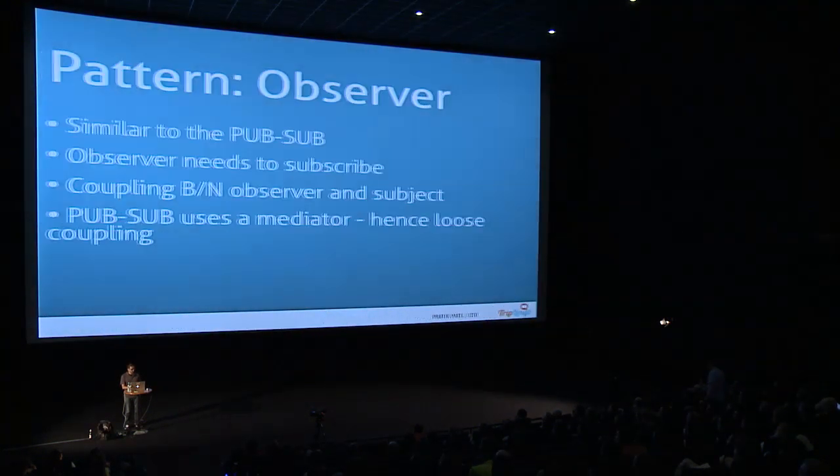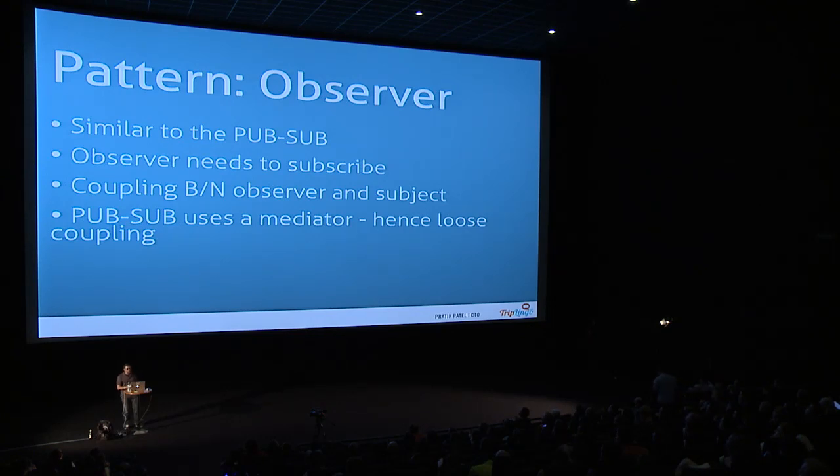All right. So I quickly want to mention the observer, because the observer pattern is something that folks have used before. It's similar to PubSub, but typically when we talk about the observer pattern, the observer has to subscribe to the subject. So what we have is tight coupling between the observer and subject. And in fact, when we talk about the PubSub pattern, it actually uses a third design pattern called the mediator that allows us to have loose coupling.